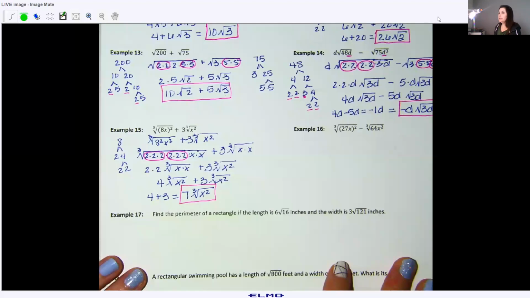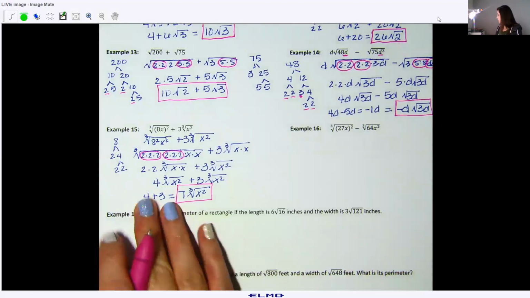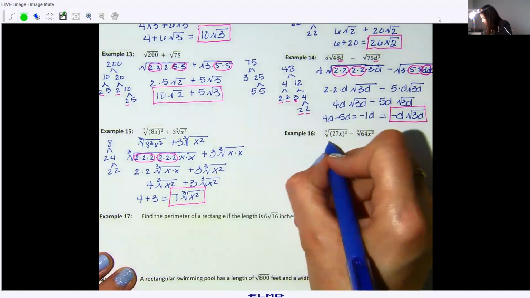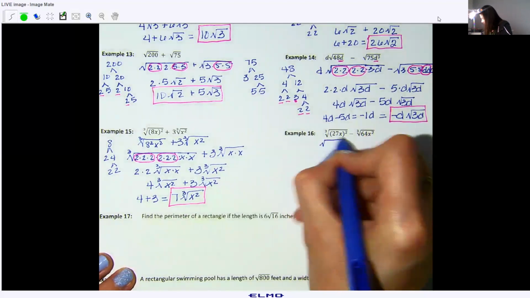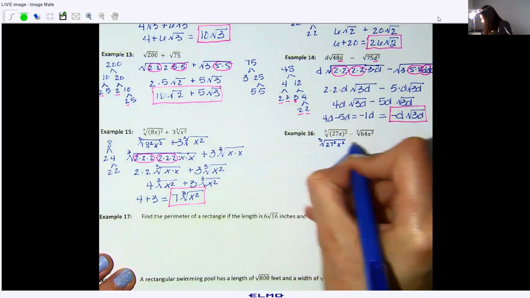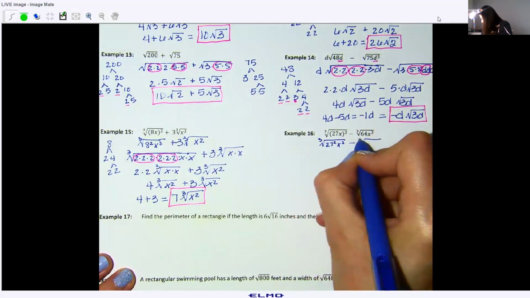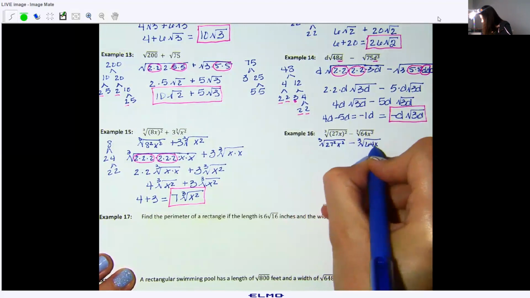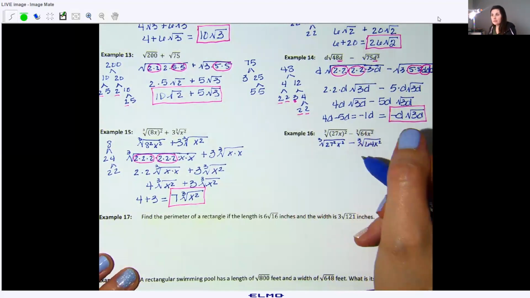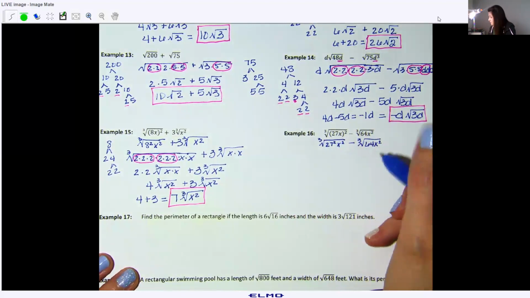All right, example 16 is very similar to this one. So I'm going to rewrite this as 27 squared x squared. Okay, and I need to factor out both my 27 and my 64.